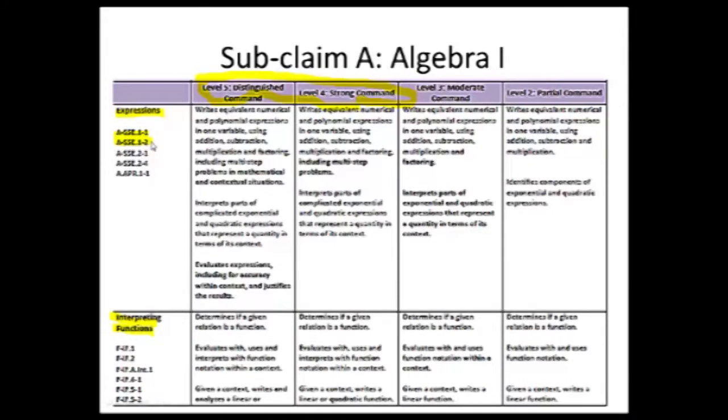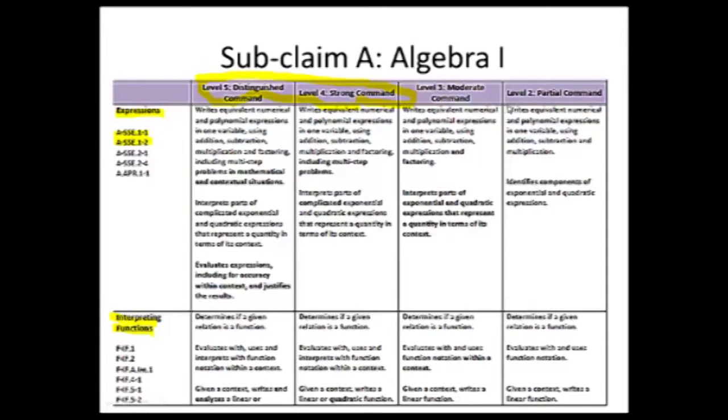And I want to highlight some things on this table as you look for the level of rigor in your program. And you will see in some parts of these tables that some content remains the same.